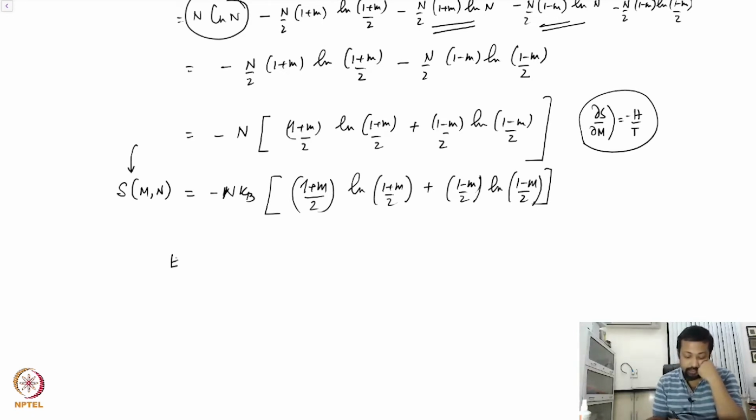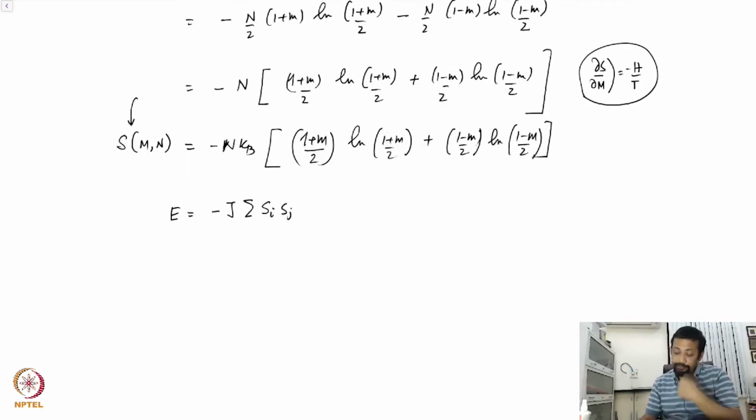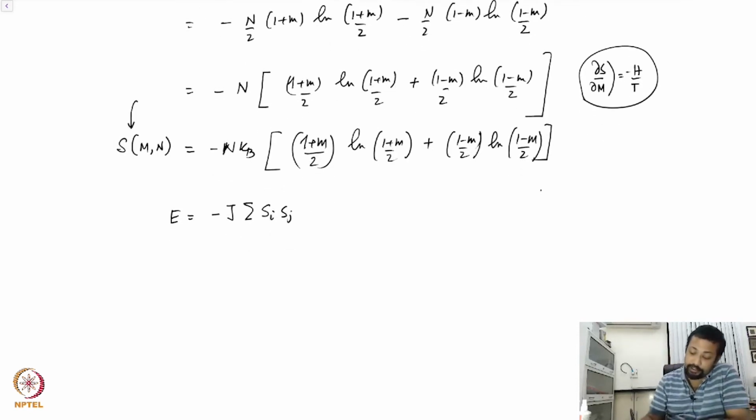So let's say I write down that the energy is minus J sum over Si Sj, right? So this means that this interaction between i and j can happen only over the nearest neighbors. This angular bracket indicates nearest neighbor interaction.